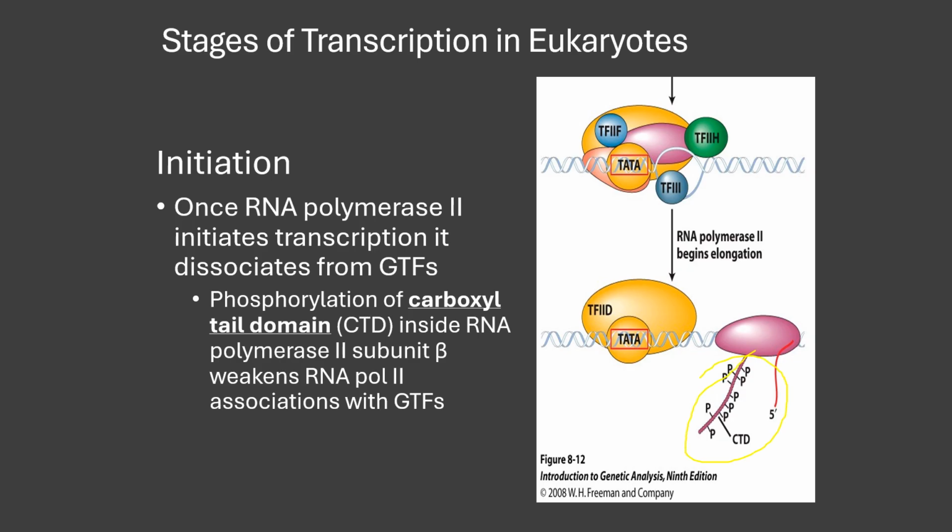It's inside one of the specific subunits, one of the proteins that form that RNA polymerase. So again, RNA polymerase is made up of many different protein subunits, and one of them has this sort of tail hanging off that can be phosphorylated. And when it's phosphorylated, it typically doesn't want to bind as well to this group of other proteins, and it can go off and begin to do its work.